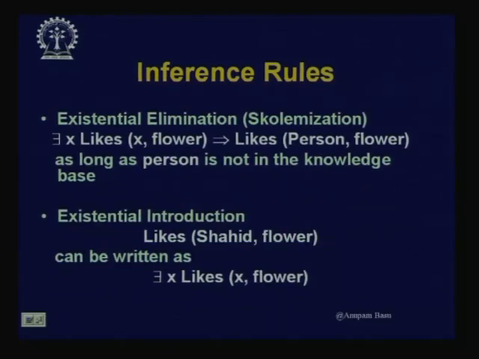The next thing, which is a little more complex, is existential elimination, the elimination of existential quantifiers. Now, why are we doing this? We are trying to come to a stage where we can take these predicate logic sentences and use them in our reasoning in a mechanical way.